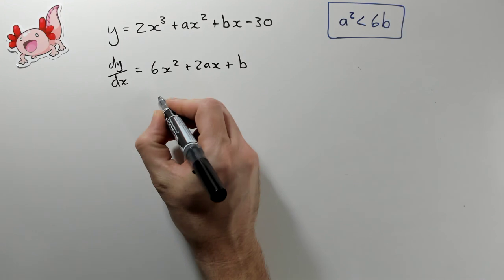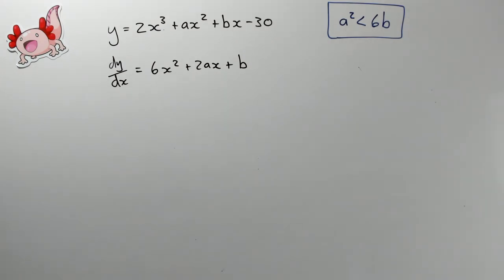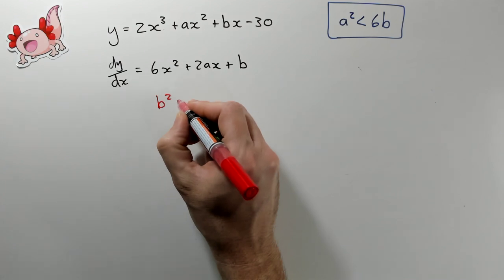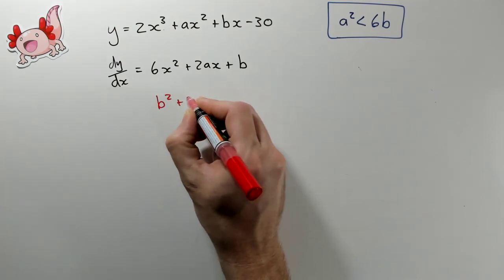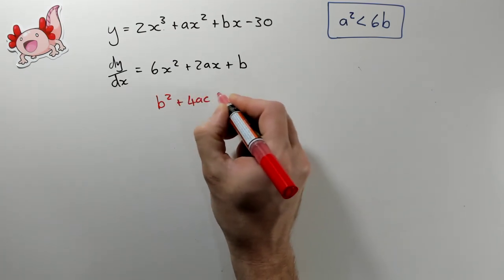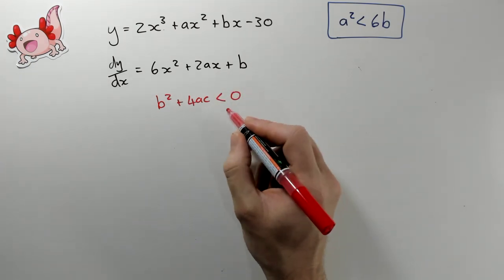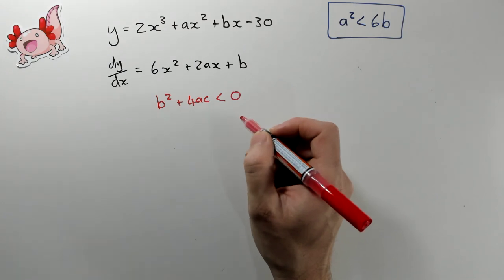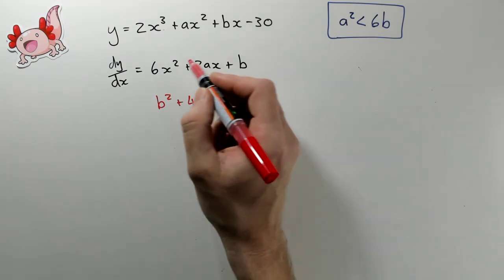So if I were to do, let's check a different color, b squared plus 4ac. This should all be smaller than 0, because then I know there will be no roots. So let's hope for the best. Let's see what happens.